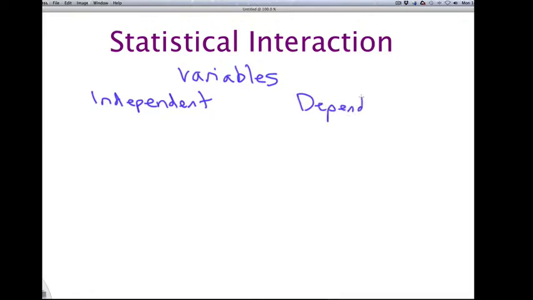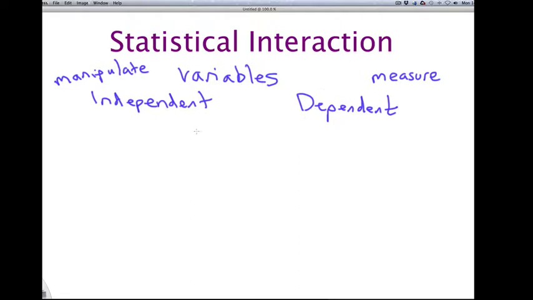Usually the dependent variable, not always, is the variable that you measure, a measurable variable, and the independent variables are variables that you manipulate in some way to see their effect on the dependent variables.